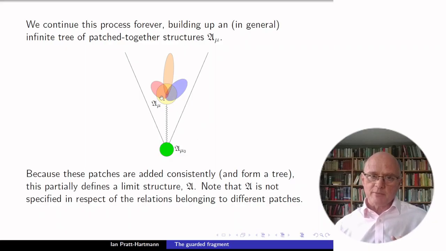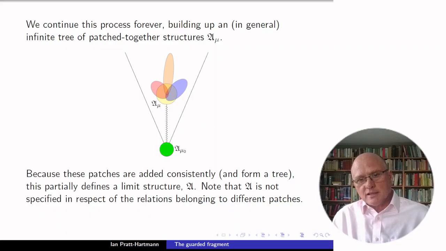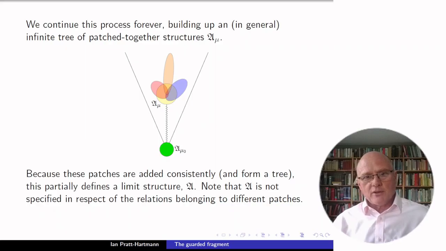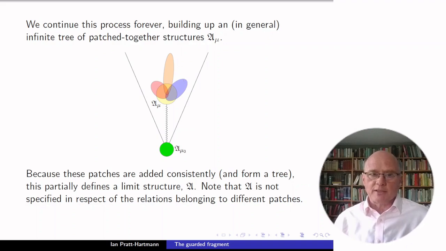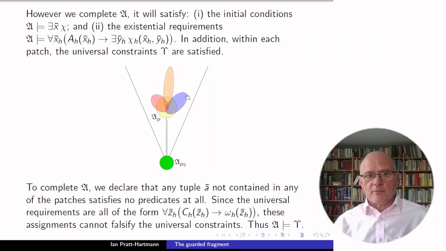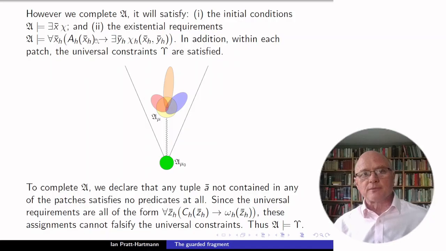So if you've got elements within a single patch, we've said everything about them. We've said what all the predicates all of the tuples involved satisfy. If you have a tuple of elements which don't belong to a single patch, say an element from here or an element from here that's not covered by a single patch, we haven't said what tuples they satisfy. Okay, but we don't have to worry about that, because what do we know? We know that however we complete this model, the following has been secured already.